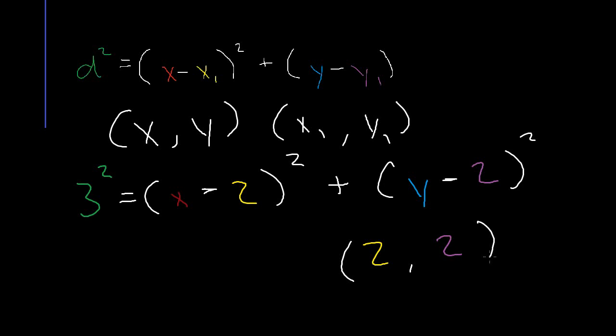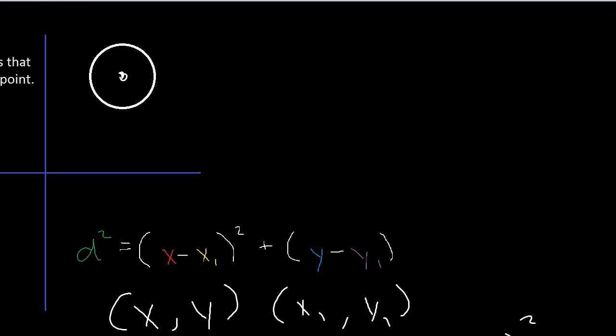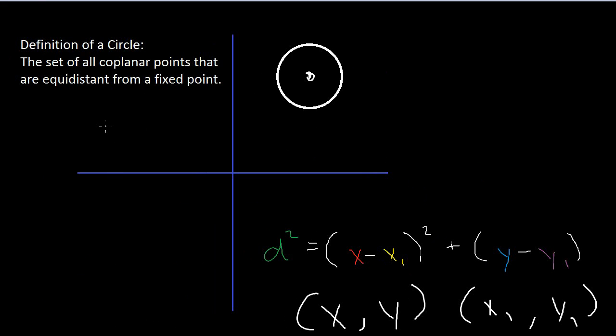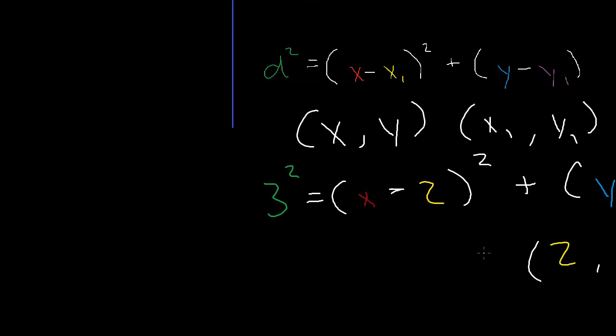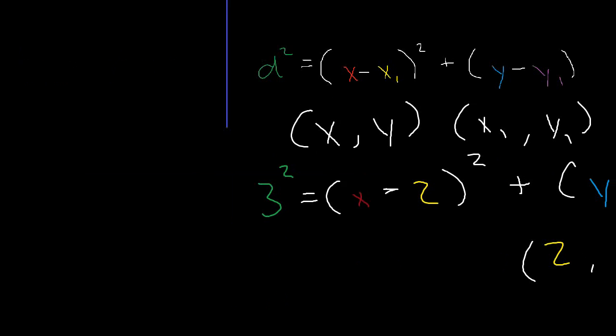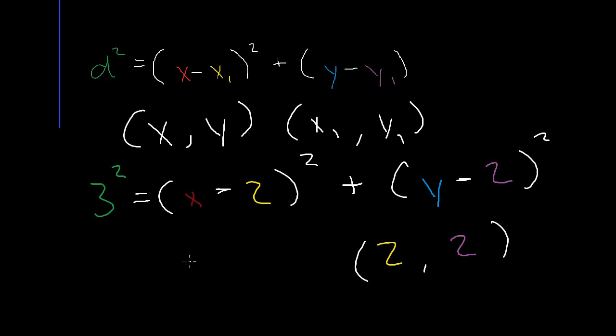So the graph of this equation would be every point that is 3 away from this fixed point. And remember the definition of a circle. It sounds awfully similar, and that's because it is. This is the equation for a circle.